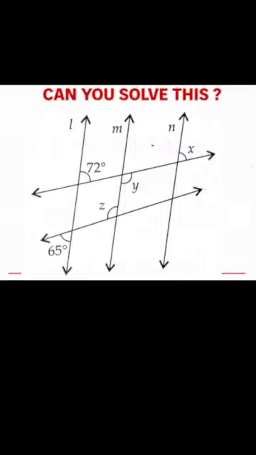Saurabh is here. 72, 65, 65. However, it is incorrect, but even if it is correct, Saurabh, I need the explanation for this. I don't need answers here. We are not expecting the answers only.